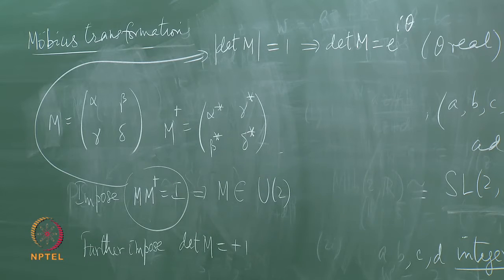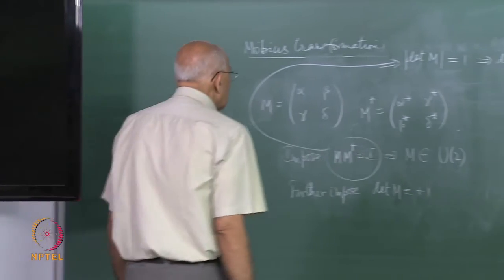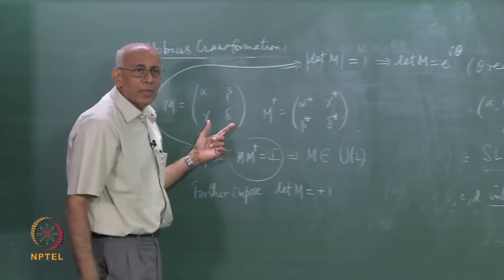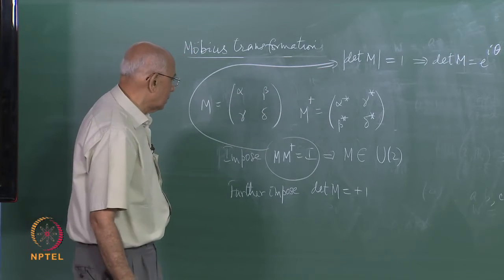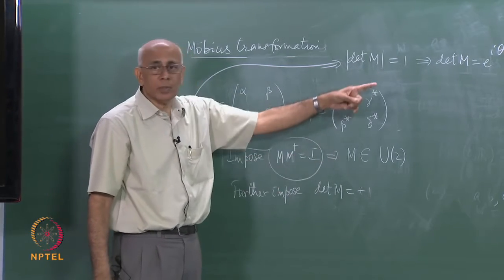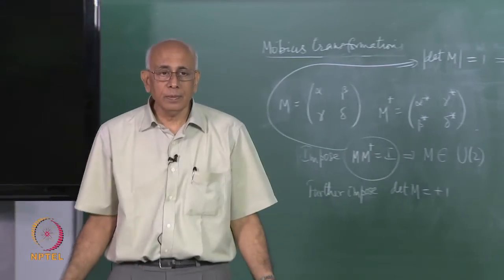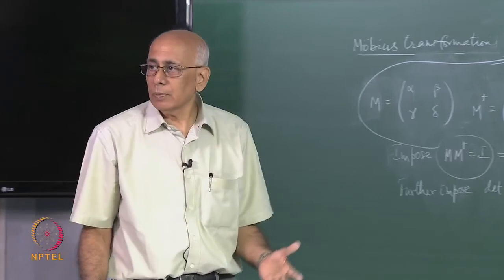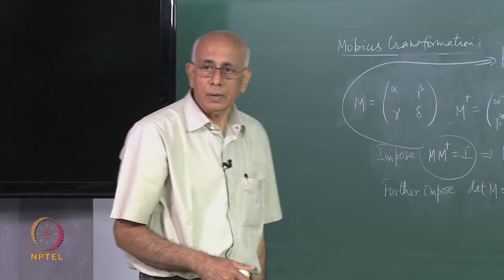No, it just says it is a phase factor. Could be +1, could be -1, but it is a phase factor. So that is needed in order to derive the conditions that you have here. Remember this condition. Now if you further impose determinant M as +1, that means theta must be equal to 0. Now how many parameters do you think there are? There are 3 independent parameters, because you have got 4 conditions on the elements and then you have got determinant equal to 1.